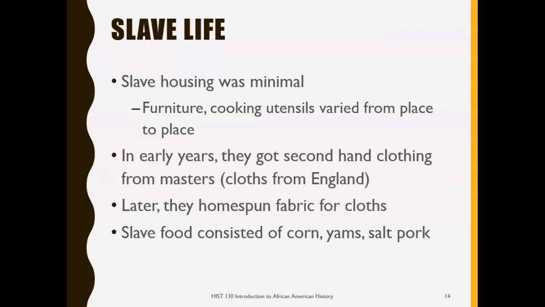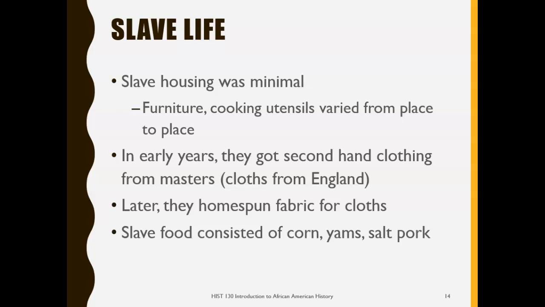How about the living conditions of the slaves at that time? Slave housing was minimal, so it's the bare minimum. Some slaves may own furniture like a bed, and some of them may even own cooking utensils, but that's not common. The ownership of furniture and cooking utensils differed from one plantation to another.